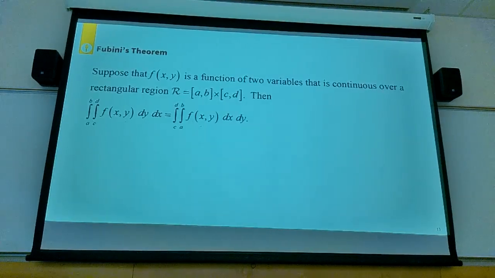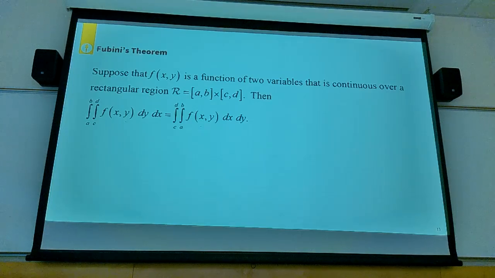So this is actually a weak version of Fubini's theorem, because this is going to be defined just for rectangular regions. Right, so suppose f of x, y, a function of two variables, is continuous over the rectangular region R, which is defined as [a,b] cross [c,d].